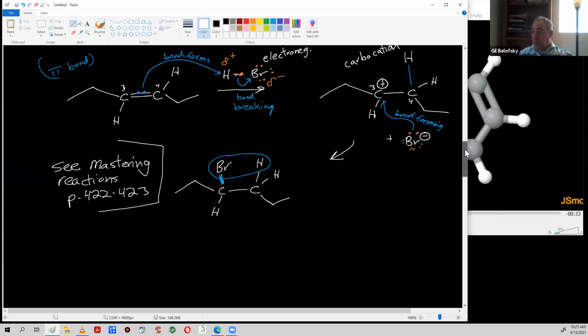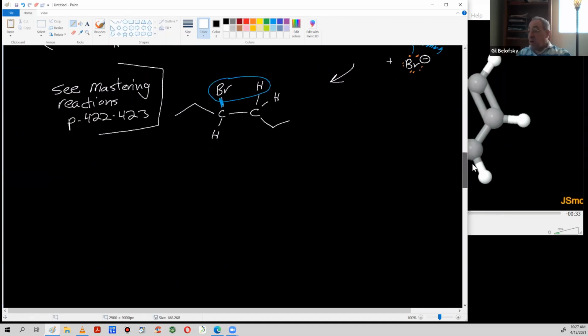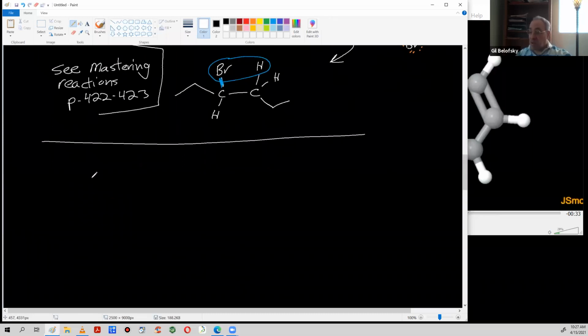So this is a really interesting thing. The molecule I started with here is really symmetric. Both carbons of the alkene have an ethyl group attached and a hydrogen attached. That's usually not the case.